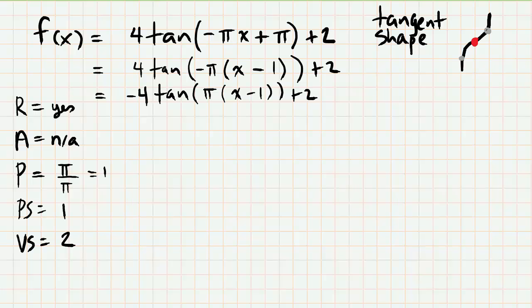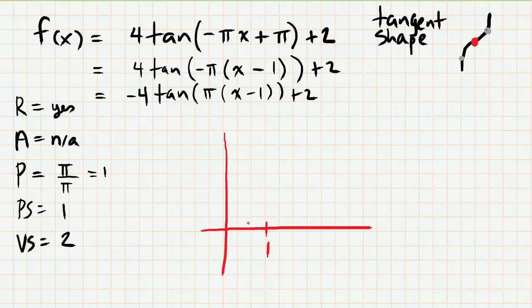So our phase shift is 1. That means we're going to go 1 to the right. And I'll just call this right here 1. What we have to do with a tangent is a little different than what we do with the other graphs. We need to take the period for tangent and we need to center it on the phase shift.